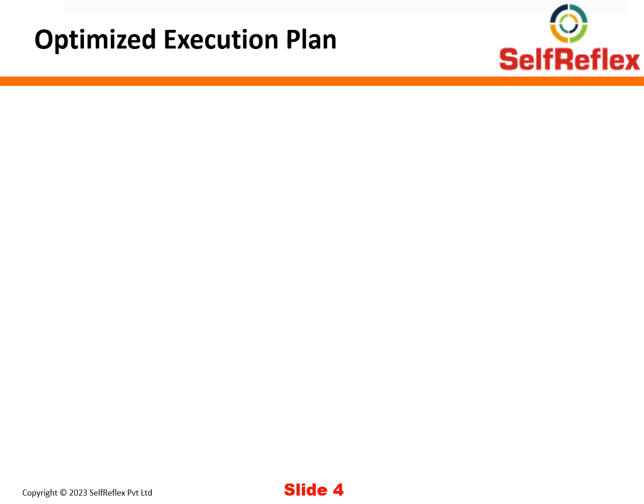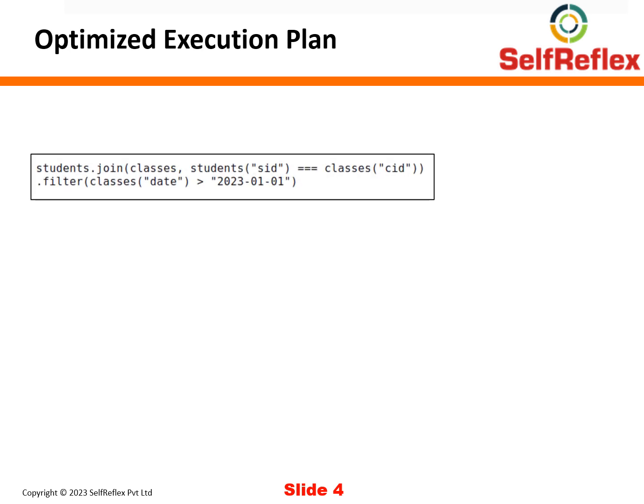All right. So let's try to understand how exactly the data frame's optimized execution plan works. Let's think of this example where you are trying to join two data frames together, students and classes. Both of them contain an ID. The students data frame contains the student ID, SID, and the classes data frame contains the class ID, CID.